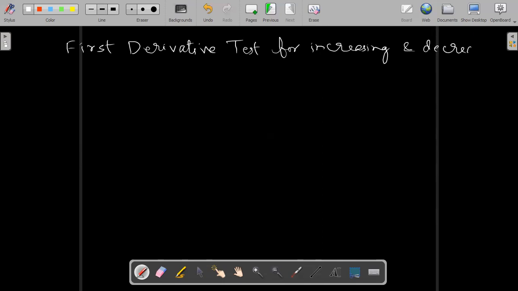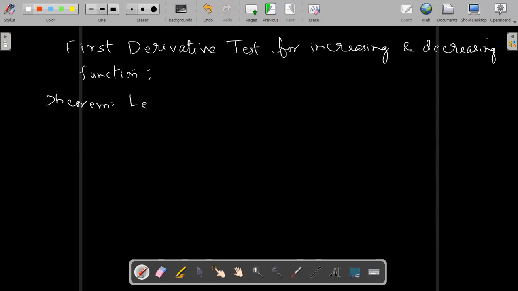Meaning by differentiating we can find out whether the function is increasing or decreasing at that point in that interval. Okay, understood? So to check, we have the theorem. This is the theorem, or you can say this is the first derivative test.